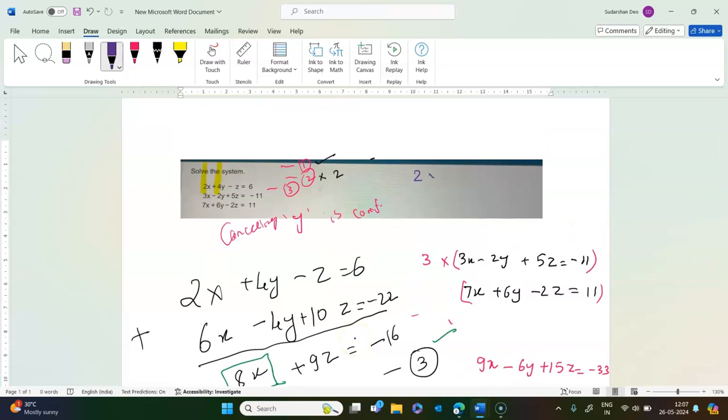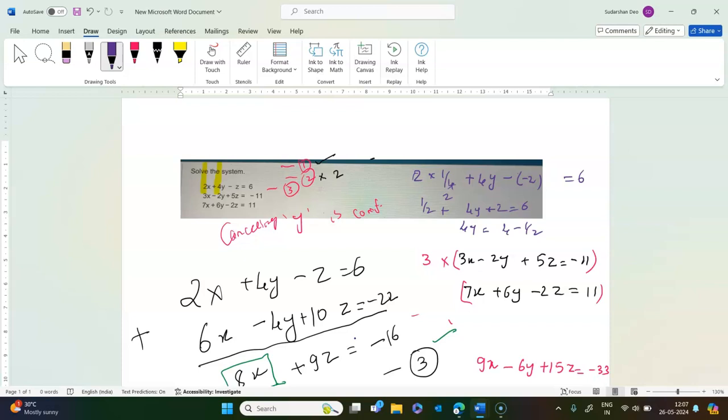So 2 into 1 by 4 plus 4y, we don't know, minus z, which is negative 2, minus of minus 2, is equal to 6. So half plus 4y plus 2 is equal to 6. Just solving this, 4y will be equal to 6 minus 2, that will be 4 minus 1 half.